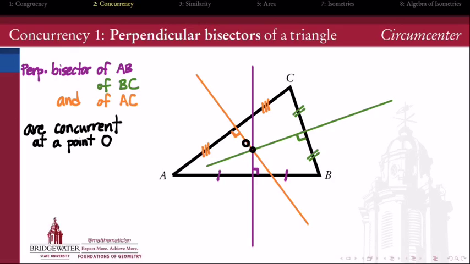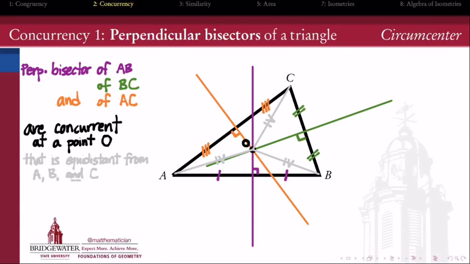And because of the alternative characterization of perpendicular bisector, namely that the perpendicular bisector of a side consists of all points that are equidistant from both vertices in that side, we also know that this point, which is concurrent to all three of these perpendicular bisectors, will have the same distance from A as from B because it lies on the purple line, but also the same distance from B and from C because it lies on the green line, and the same distance from A and from C because it lies on the orange line.